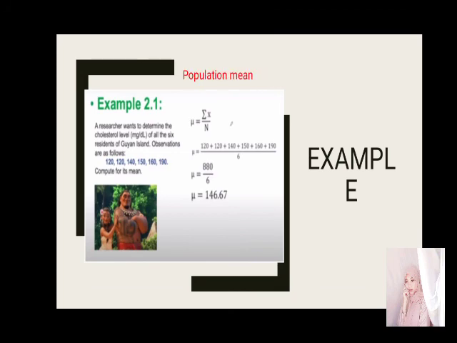And since we have 6 observations here, the value of the capital N is 6. And since we were asked to compute its mean, and this is about the population, we are going to use this formula.